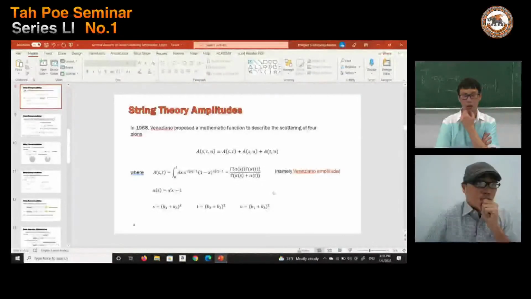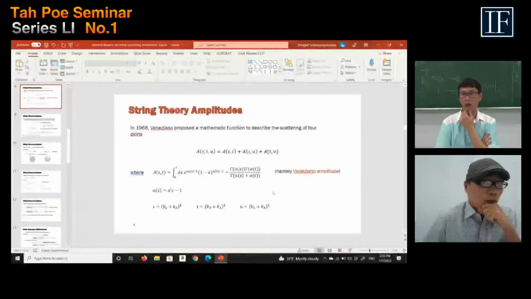So generally, the poles suggest an intermediate exchange particle, and for the string, there is an infinite series of intermediate exchange particles.